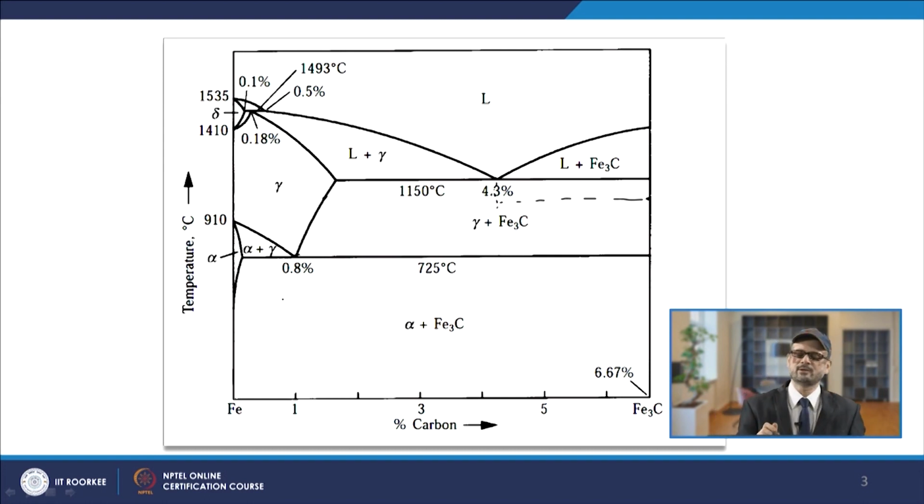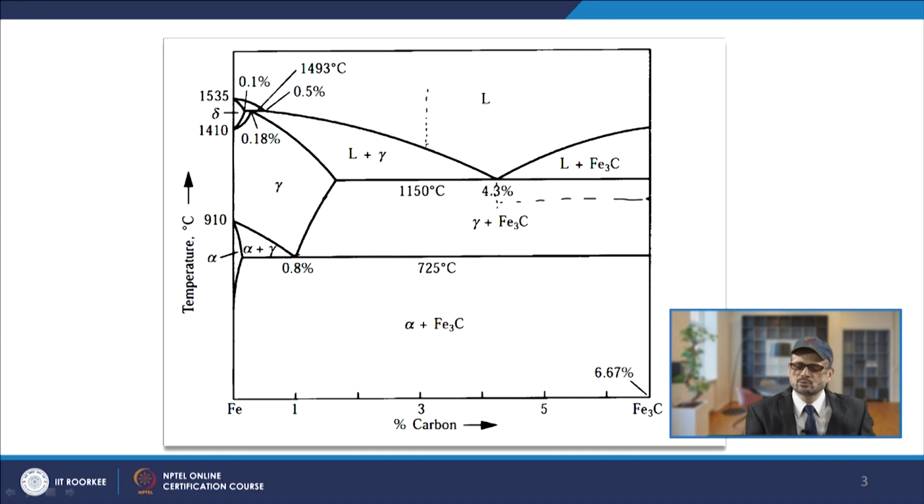If you take any point left to this, it will be a hypo-eutectic point, and if you take any point right to this, it will be a hyper-eutectic point. So, hypo-eutectic and this is hyper-eutectic.